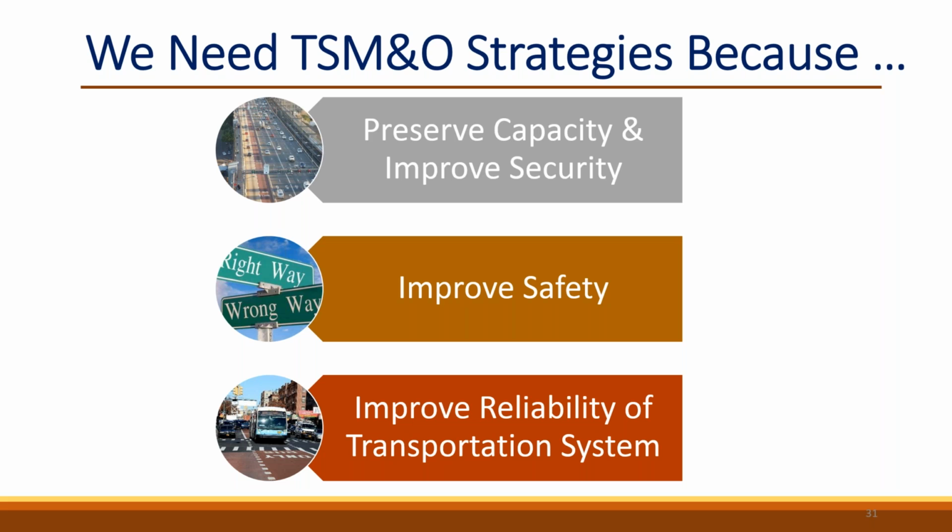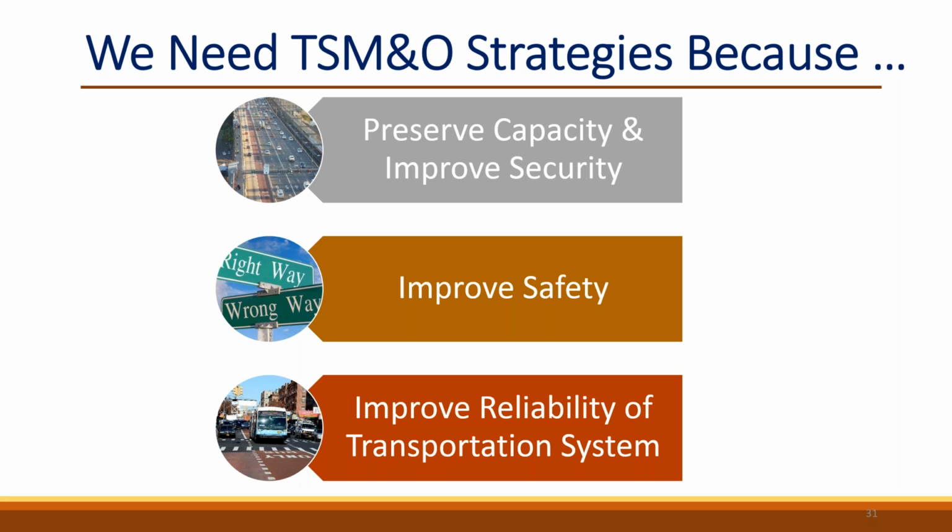When we think about TSMO strategies, I hope we all can agree that we can't build our way out of congestion. So we need to find a way to efficiently and effectively use the existing transportation infrastructure to the maximum extent possible.